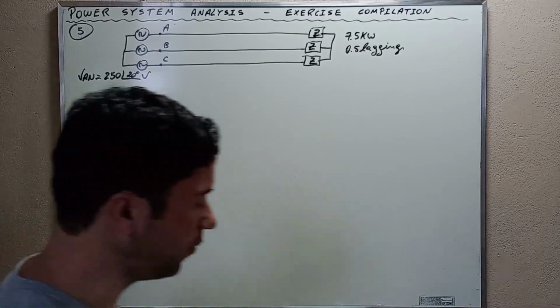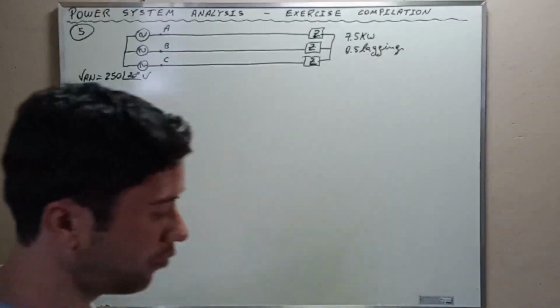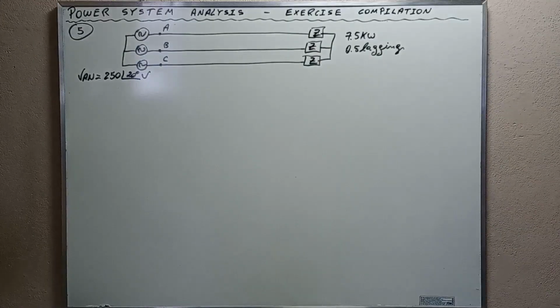Exercise number 5: a balanced three-phase power system composed of a Y-connected three-phase source and the ACB sequence feeds a three-phase load with an inductive characteristic of 7.5 kilowatts and a power factor of 0.5.